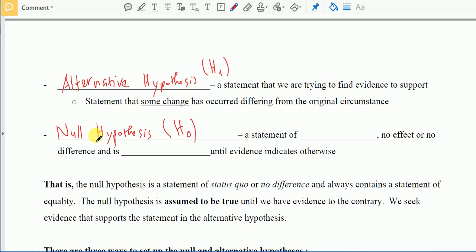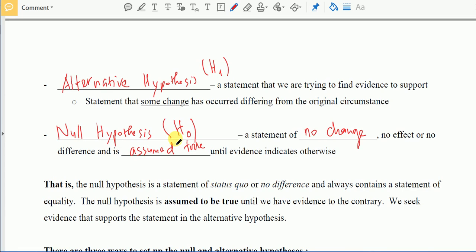In contrast to this, the null hypothesis, or H0, is a statement of no change, no effect, or no difference, and is assumed to be true until evidence indicates that it is not true. For a given population, we always have some type of null hypothesis.